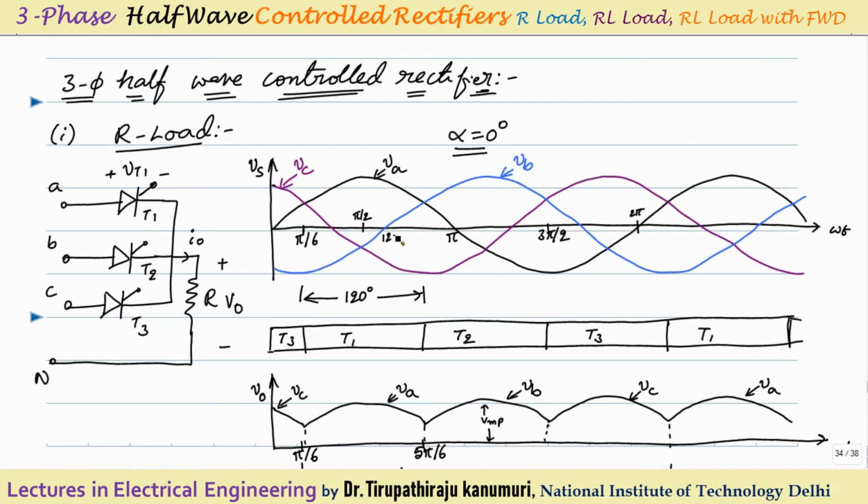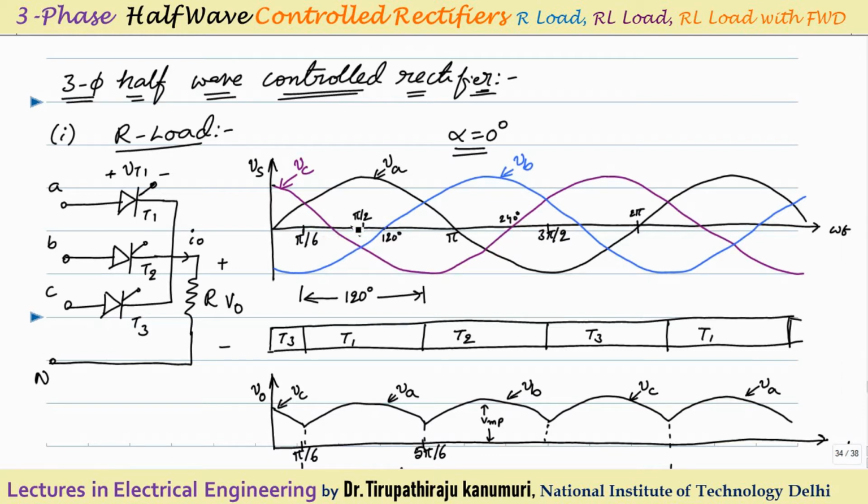That means at 120 degrees it is 0, and at 120 plus 90 it will be at its maximum value, and again at this instant it is some negative value. Now coming to VC, VC is lagging behind VA by 240 degrees. So at 240 degrees it will be equal to 0, and here also it is 0.